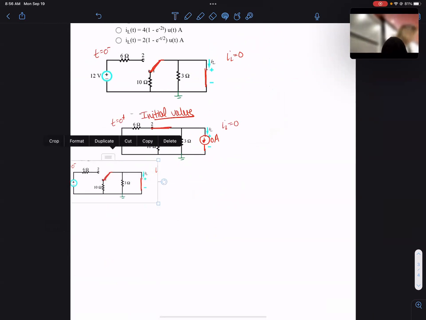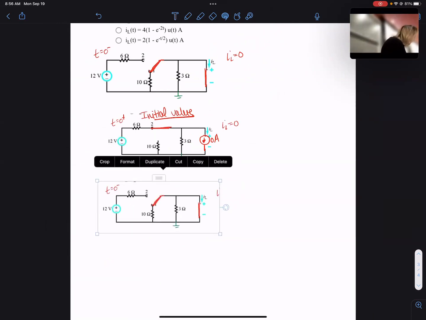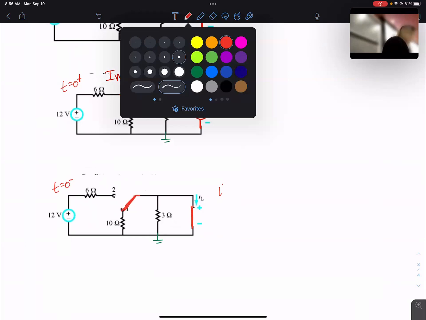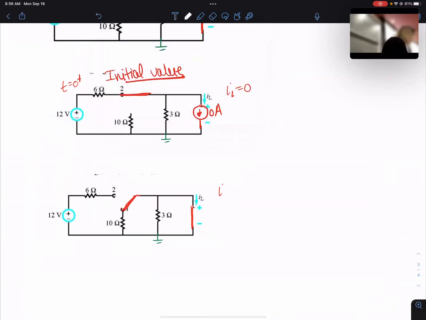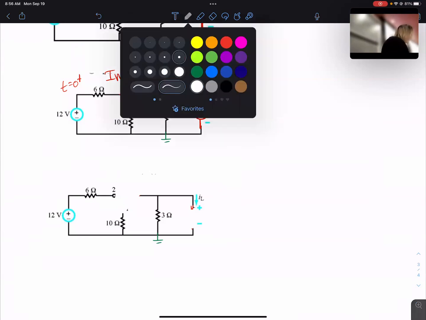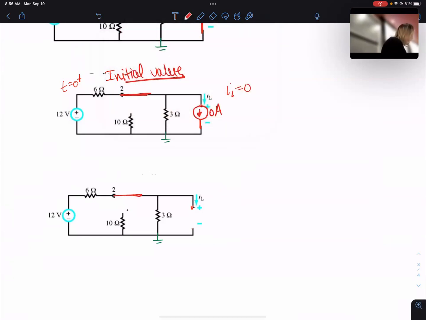For the final value, the circuit will change to 2. And again, this is a wire. What do I notice here?